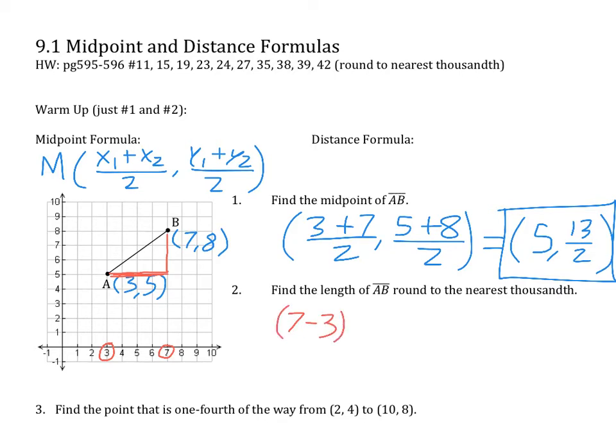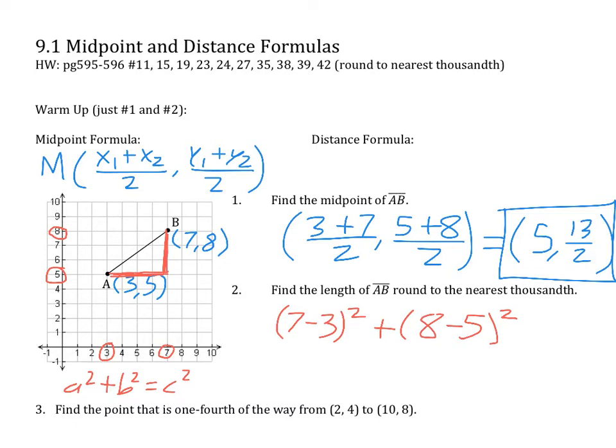and since we're going to do the Pythagorean theorem, we're going to square that, plus, and now we have to find this vertical distance. So that vertical distance goes from 5 to 8, or 8 to 5, so that has a length of 3, and we're going to square that. And so, recalling the Pythagorean theorem, a squared plus b squared equals c squared.